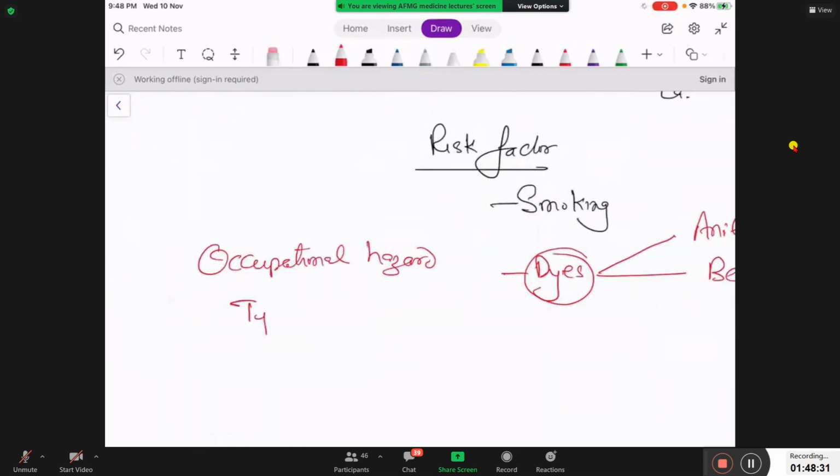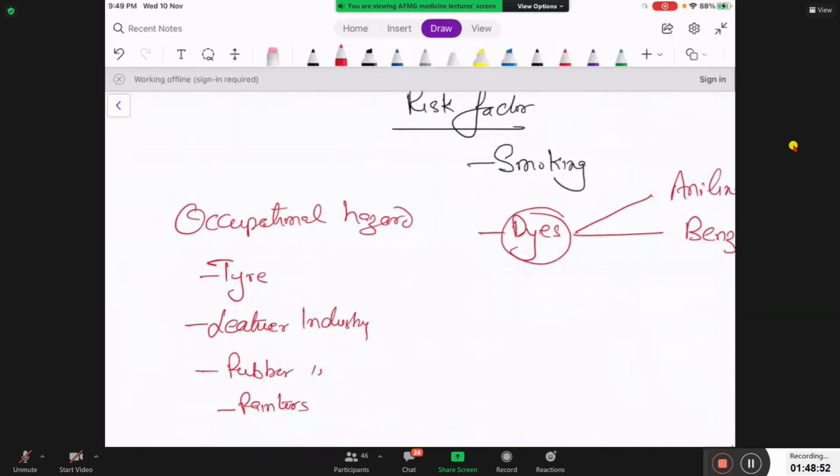Workers working in the tire industry, leather industry workers, rubber industry workers, painters also. They have a risk of bladder malignancy.